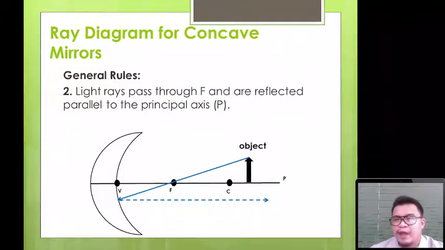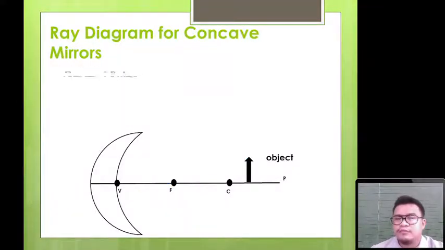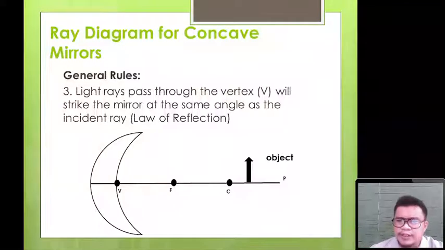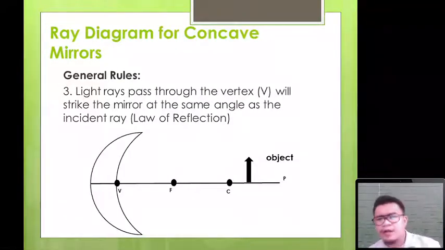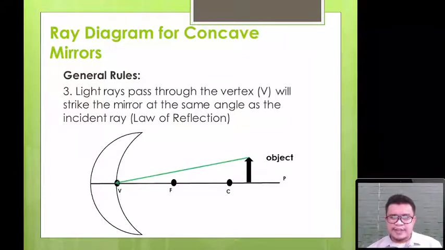Okay? Now, let's move on to the third rule. The third rule is any light rays that pass through the vertex or the V, that's the center of your mirror, will strike the mirror at the same angle as the incident ray. This is actually the law of reflection, in which the angle of incidence is always equal to the angle of reflection. So if you do that, it's like this.